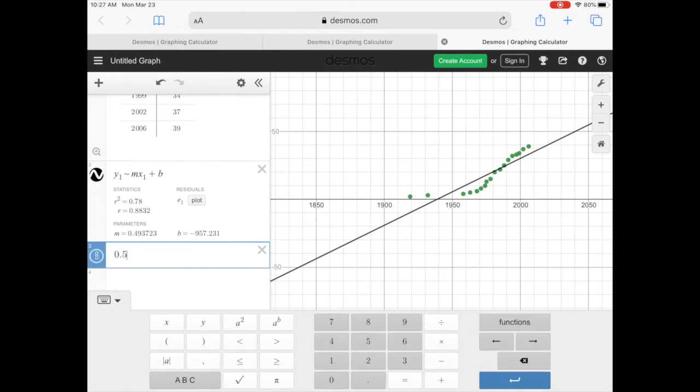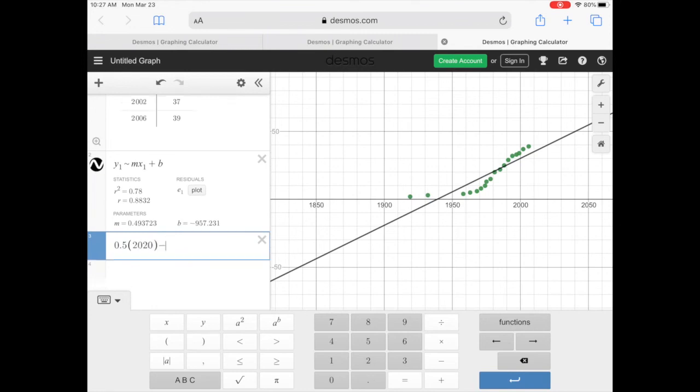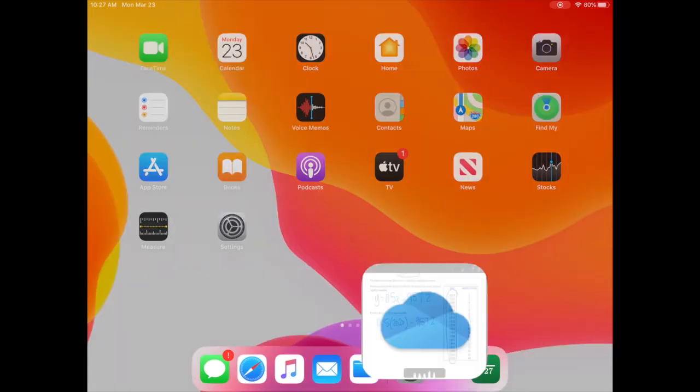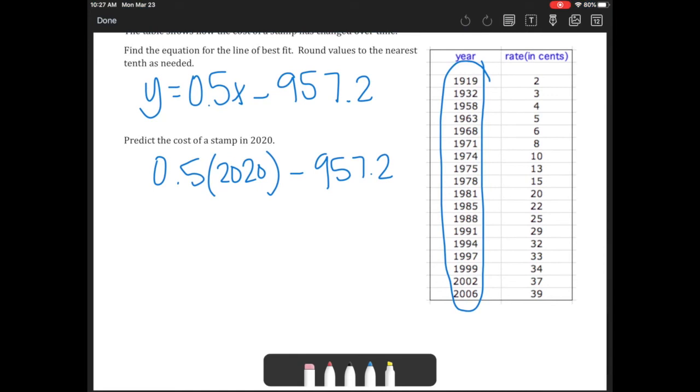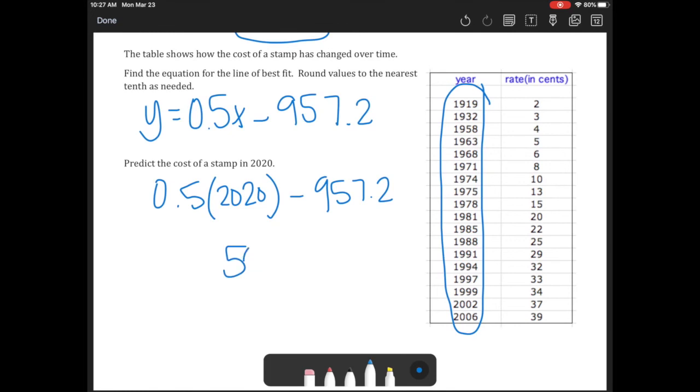So 0.5 times 2020 minus 957.2. We expect that in the year 2020 a stamp would be 52.8 cents. Actually, it is not, but that's okay. And let me scroll back down to the bottom again. 52.8. Actually, not dollars, cents. There we go.